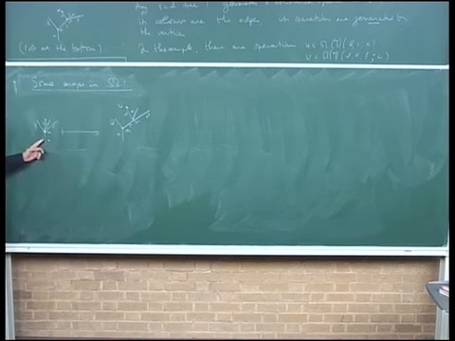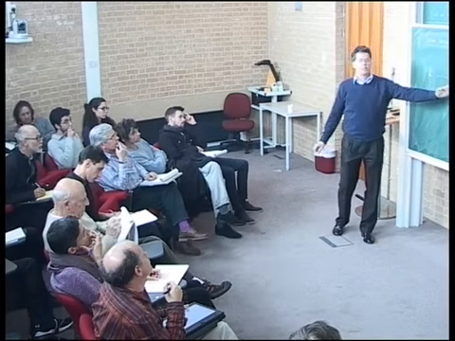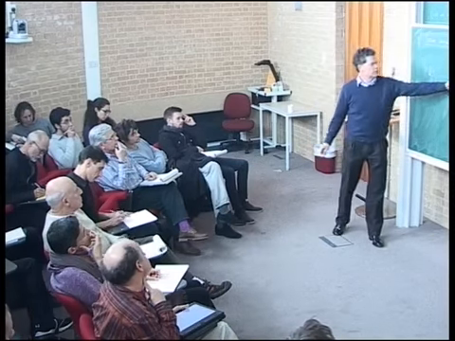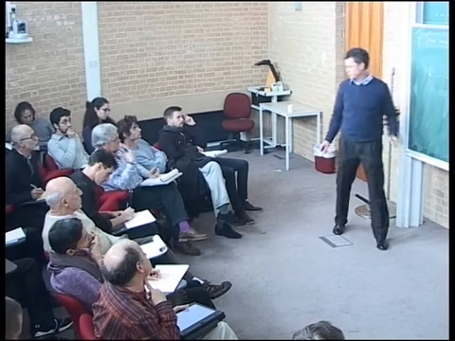These labels don't mean anything. It just indicates what the map is on colors. This edge goes to this edge goes to this edge, and so on.